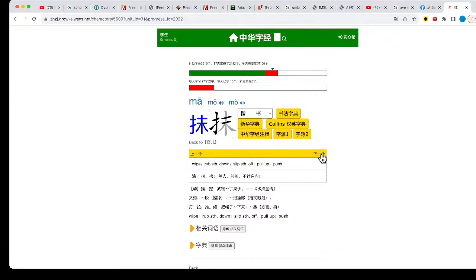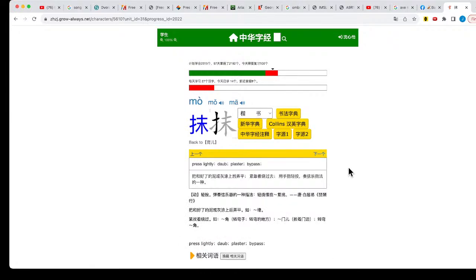All right. So next pronunciation is 抹. When you say 抹墙, what is the meaning of this action? It's like when you apply a layer of, what do you call it in English?